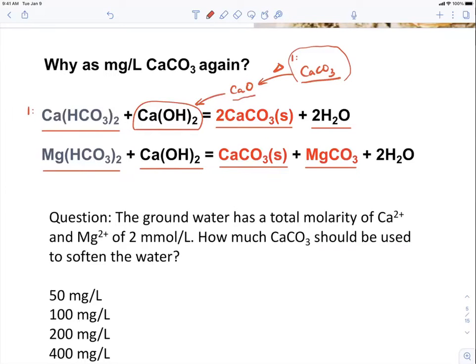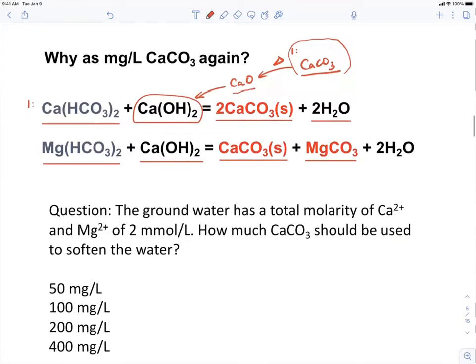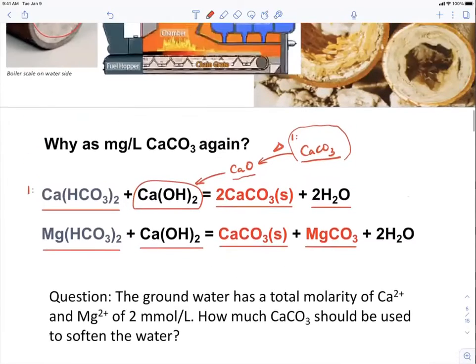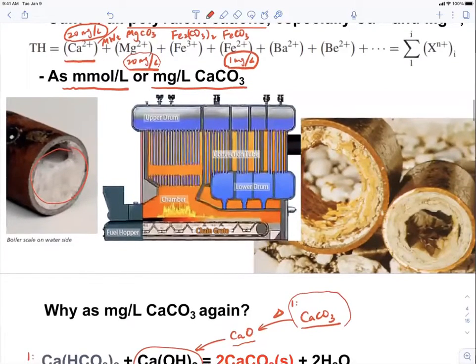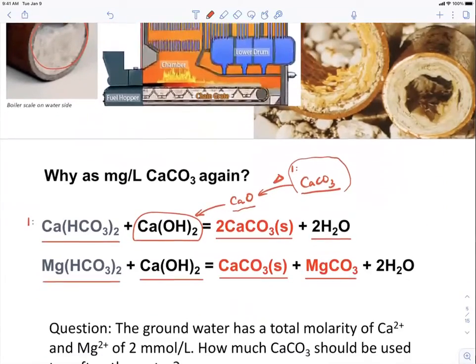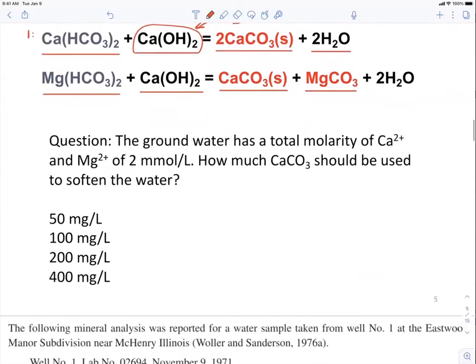Okay. So because of this 1-to-1 ratio here, people tend to convert this molarity, or how many moles there are in liquid in water, into the mass concentration of the calcium carbonate. Okay. So here we can do a second quiz.